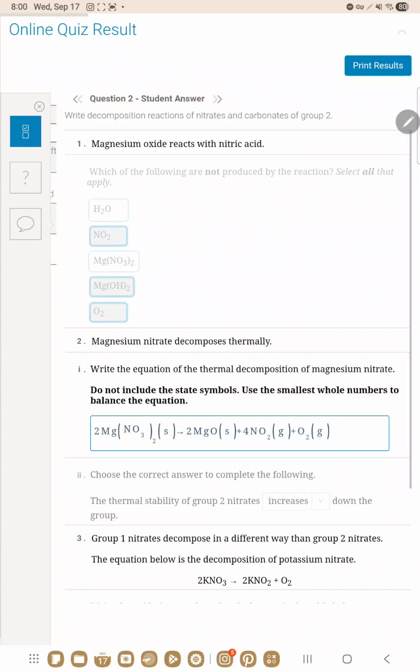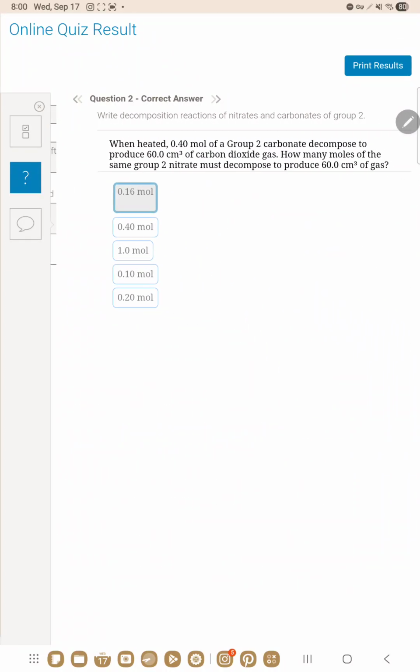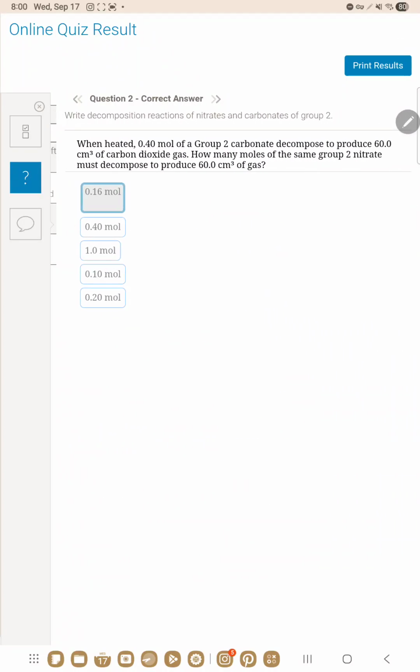Moving on to question 2. Now question 2 is telling us when heated, 0.40 moles of group 2 carbonate decomposes to produce 60 centimeter cubed of carbon dioxide gas. How many moles of the same group 2 nitrate must decompose to produce 60 centimeters cubed of gas? Now, to do this, let us first write down a formula.